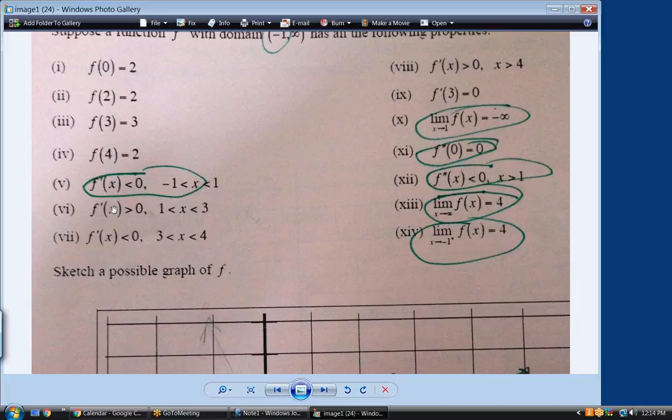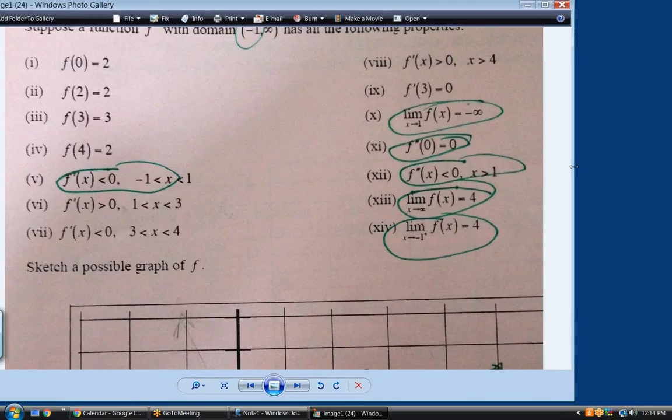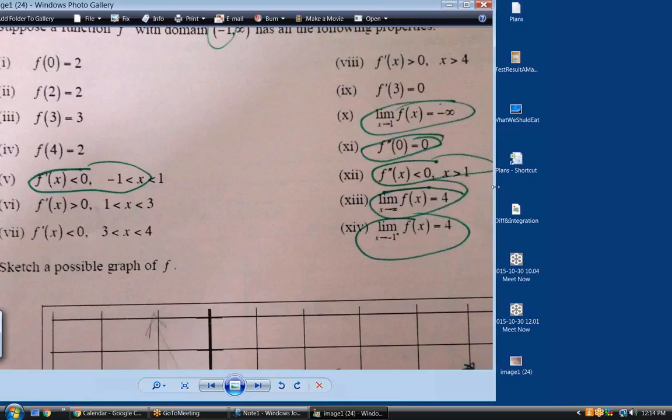First derivative is greater than 0 between 1 and 3, and the first derivative is less than 0 between 3 and 4. Okay, first derivative is greater than 0 when x is greater than 4. First derivative evaluated at 3 is equal to 0, and the limit, all of these other things. All right, let's see if we can come up with a sketch of this thing.